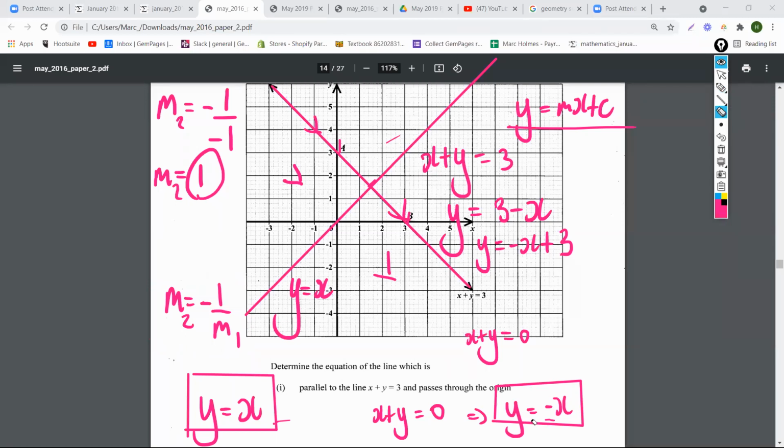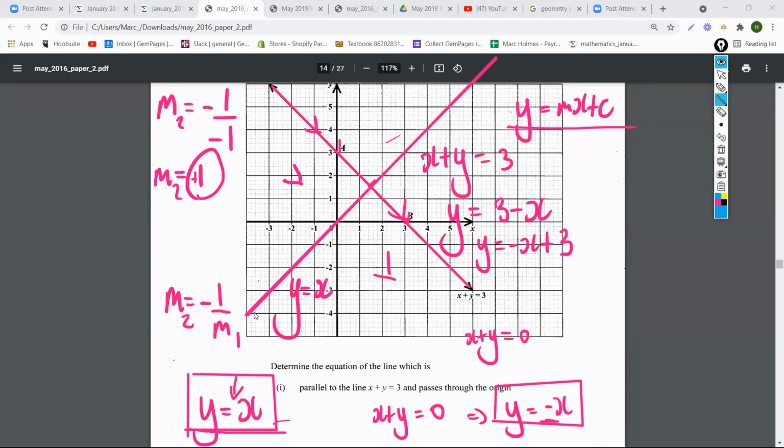The old line's gradient was -1, so the negative reciprocal is going to be +1. So that's why y is equal to x instead of -x. This is the perpendicular line.